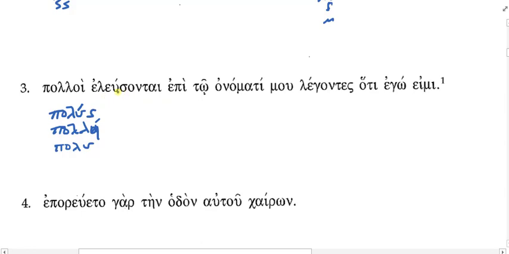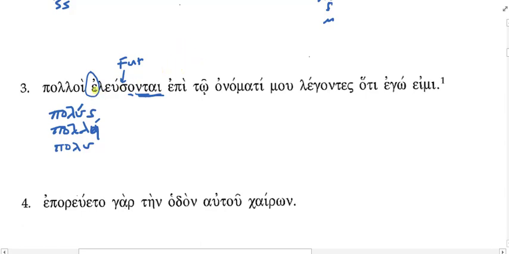What tense is this? Oh, it's actually a primary tense. Ntai. So I've got my ntai personal ending. There's a connecting vowel and there's a sigma before the connecting vowel. What might that indicate? Future. Now, you might look at that epsilon and say, that looks like an augment, doesn't it? Guess what? It's not an augment.